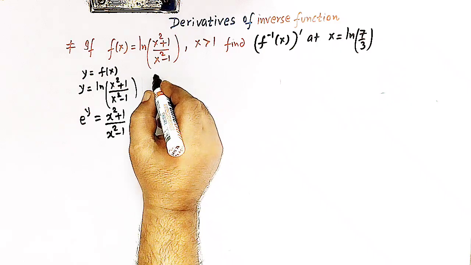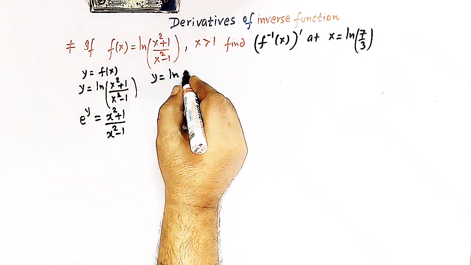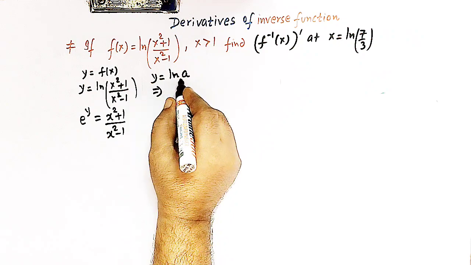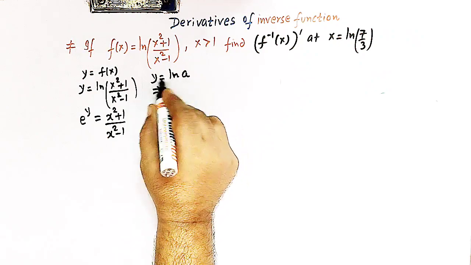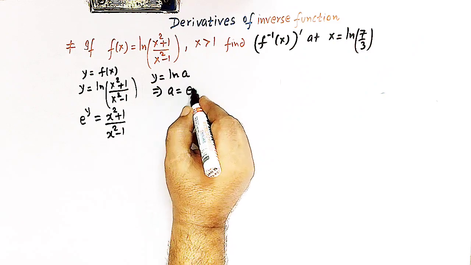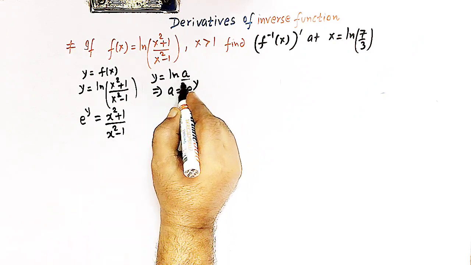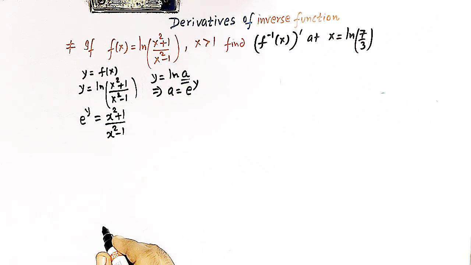Because see, if we have say y is equal to natural log of a, then by definition of logarithms, we can write this expression as a is equal to e raised to y, and our a is (x square plus 1) over (x square minus 1), right?